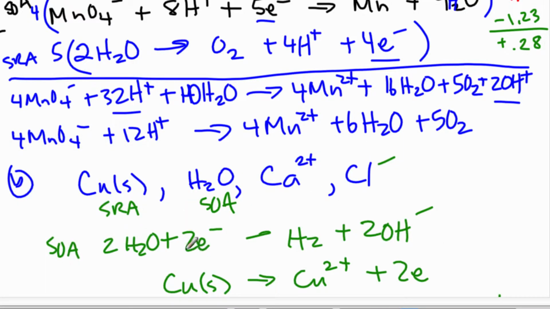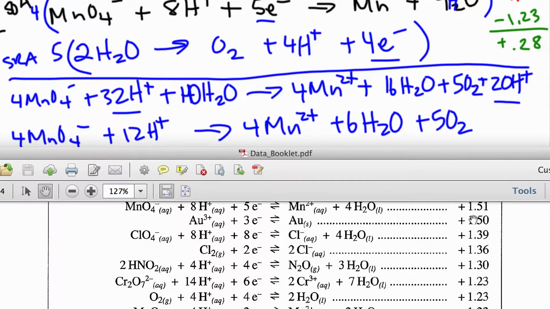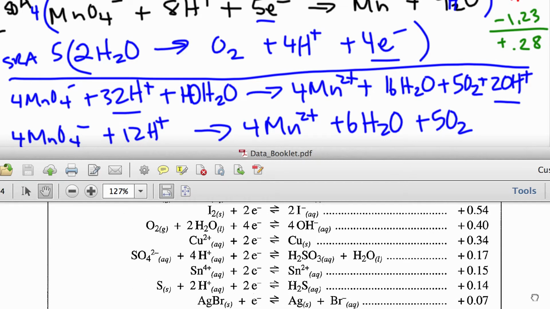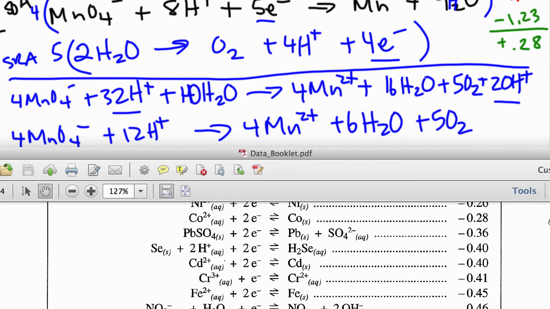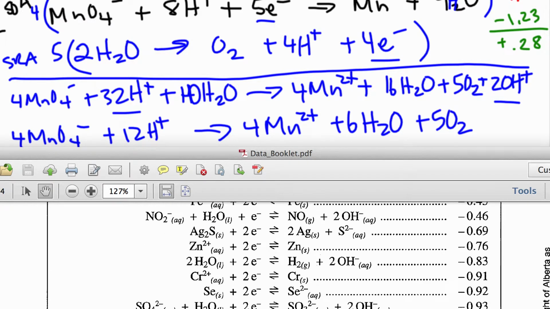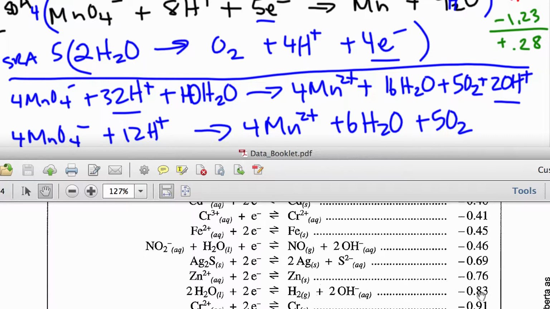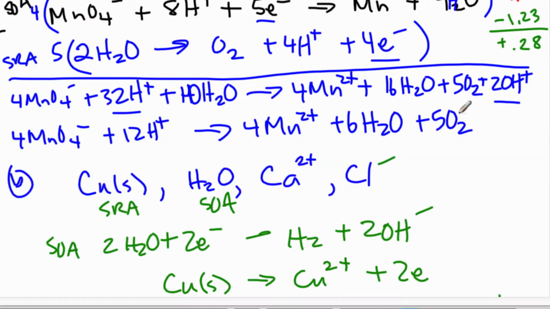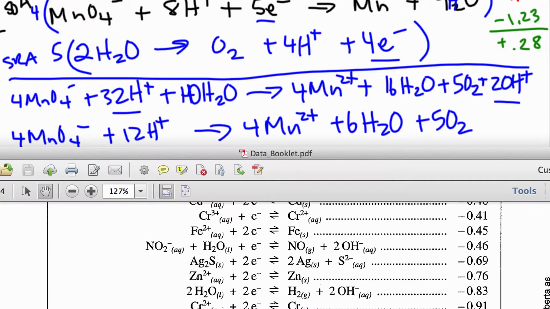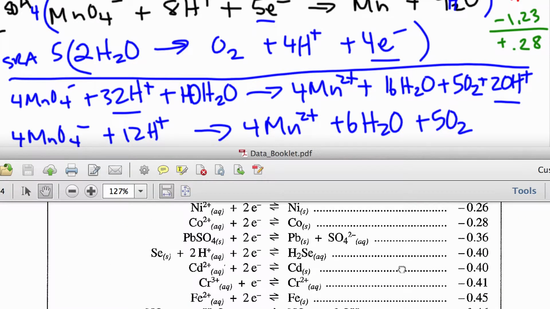Okay, next one. Water, this is on the left-hand side this time. So water on the left-hand side, where was that? It's hard finding these all the time. There's water right there. Negative 0.83. And it's an SOA, so I have to leave it as is. And the copper one, where's the copper one?